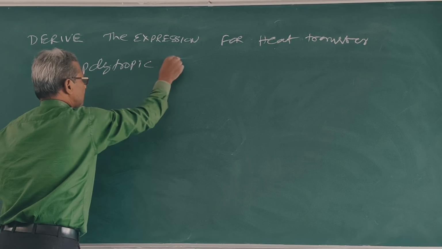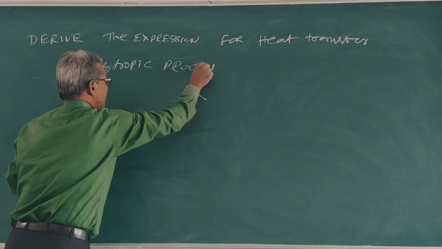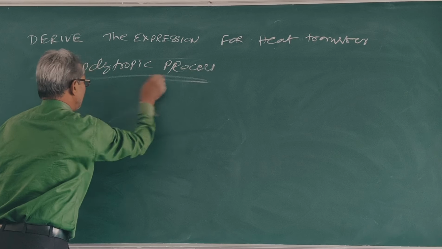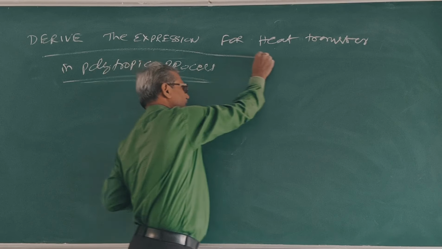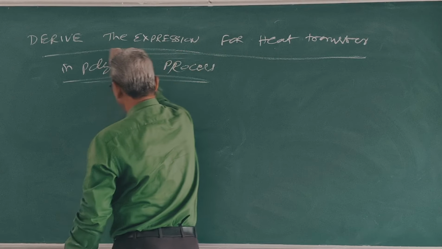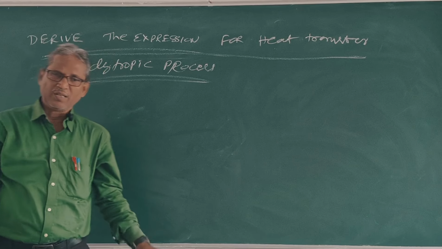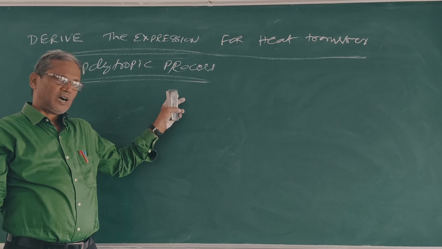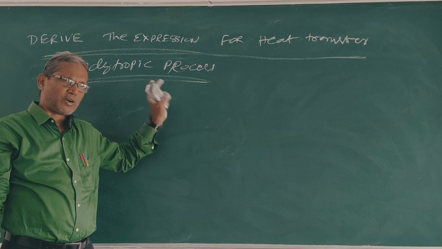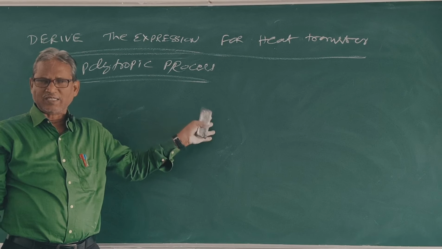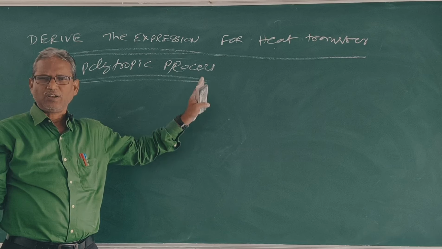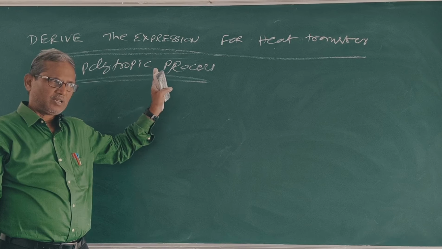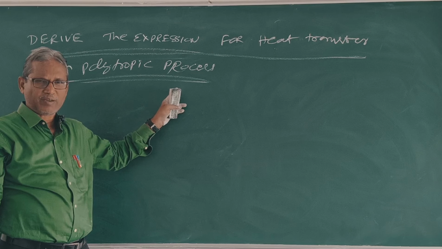Clear? Last class, I have derived the formula for work done, change in internal energy, change in enthalpy for all processes. Only this expression I have not derived. Now I will derive. Clear?